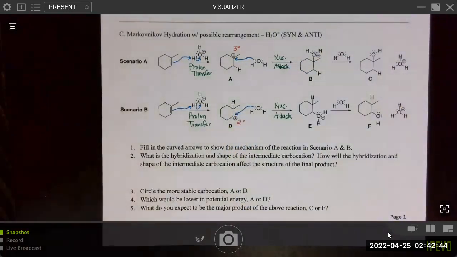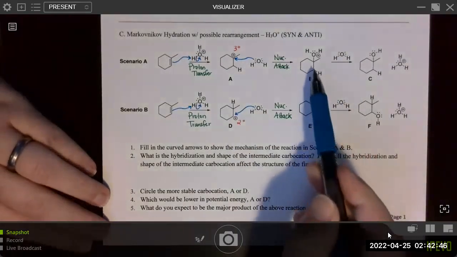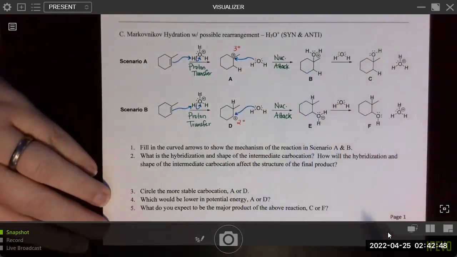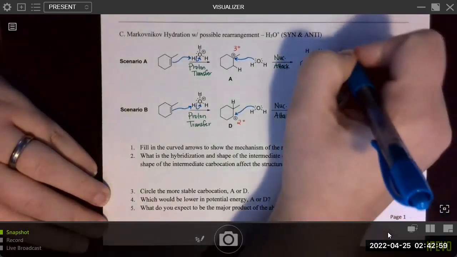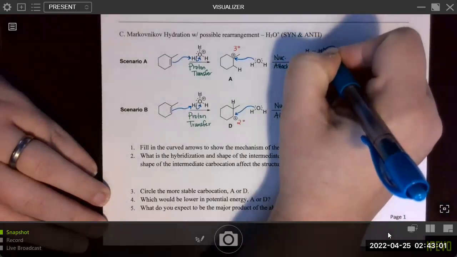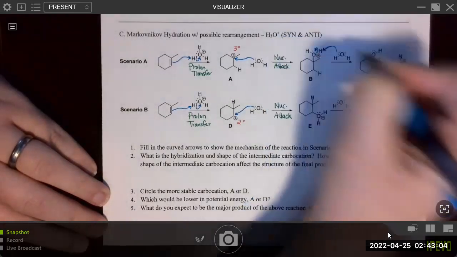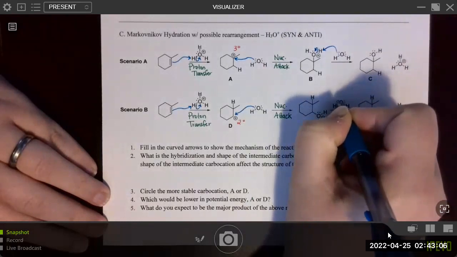That results in an oxonium ion, which is still a charged intermediate. And so we still need to do further work to get to a neutral product. So the last step looks like they've drawn in water for us so that we can nicely show a final proton transfer.